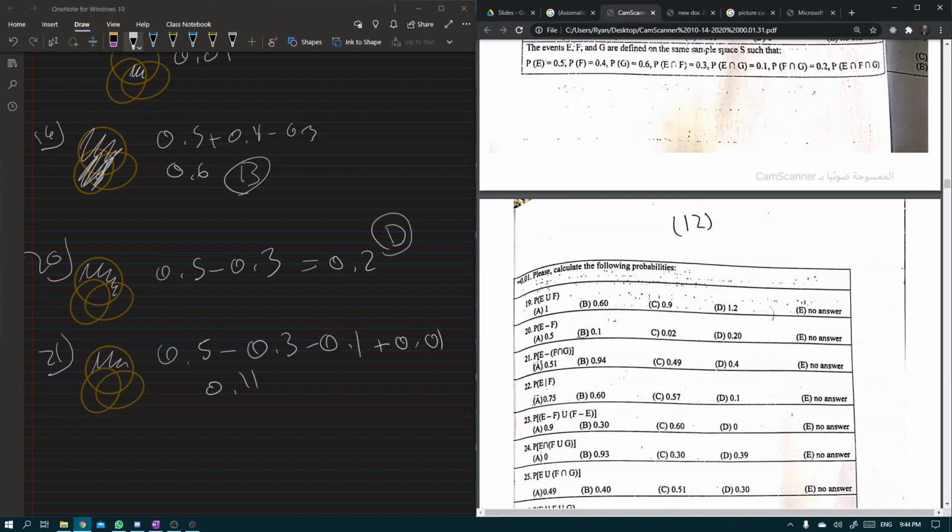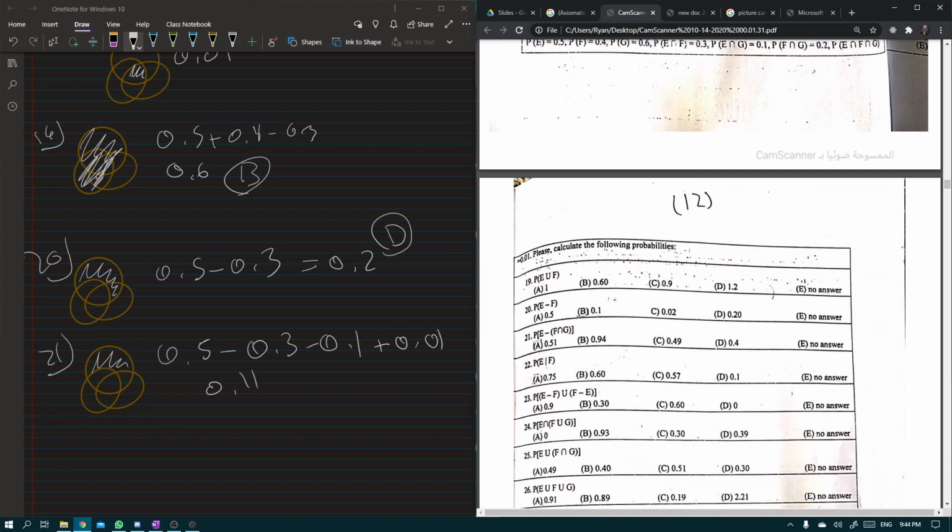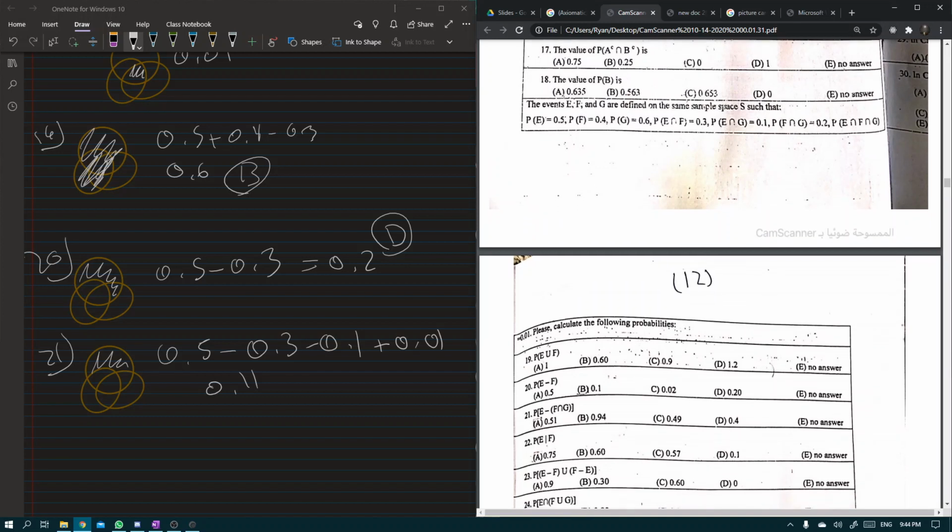Wait, what? So E without F and G. So E is 0.5, F and G. So just remove the intersections.